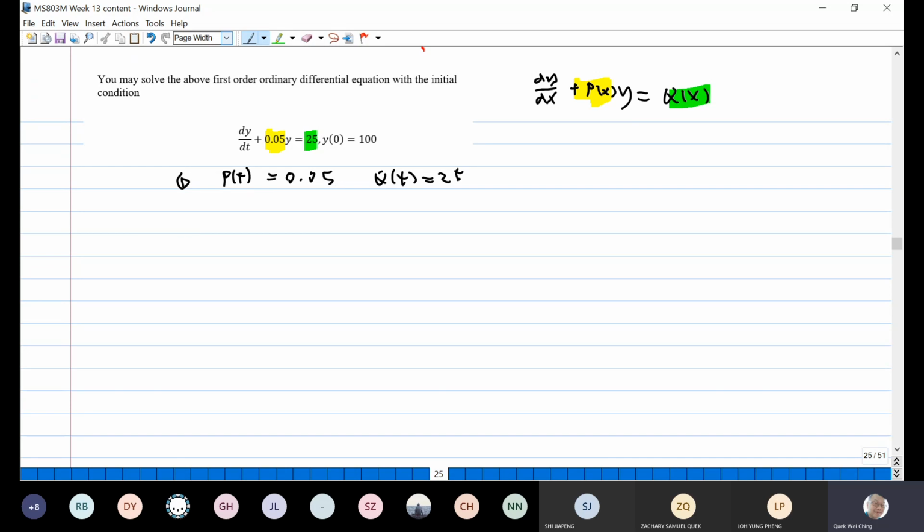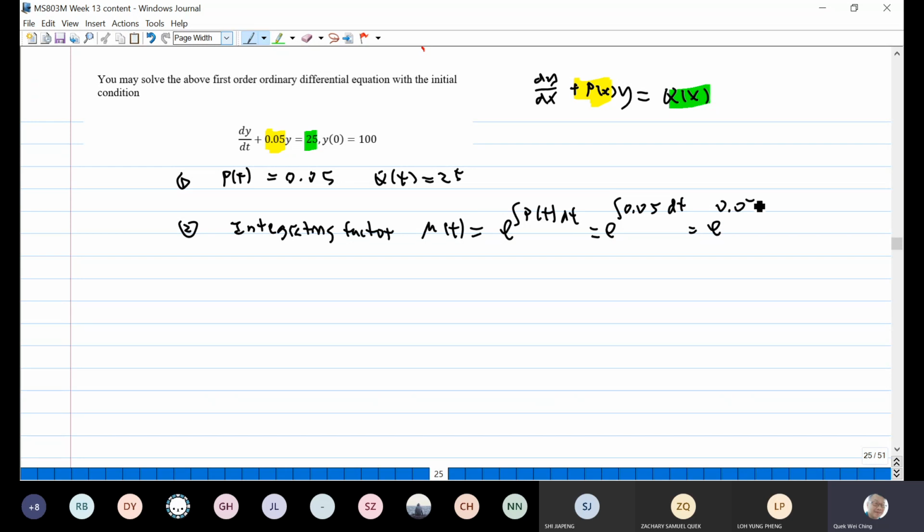After you arrange it, you then find the integrating factor. The integrating factor we usually call mu(t), because it is a function of time, is e to the power integral of p(t) dt. So it's e to the power integral of 0.05 dt, which gives e to the power 0.05t. Again, after integration, you don't need to put plus c, just leave it like that.